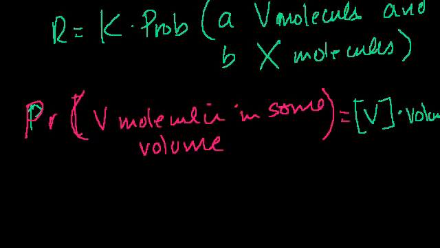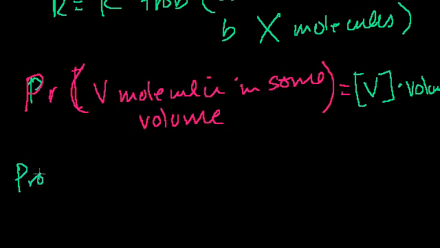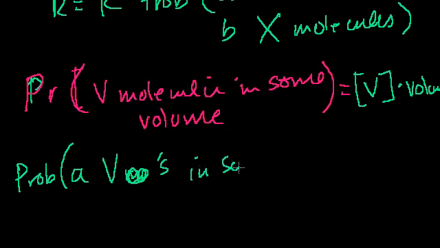And if we want the probability of A, where A is a number, it could be 5 V molecules, or let me just write A V's in some volume, it's the probability of finding this A times.